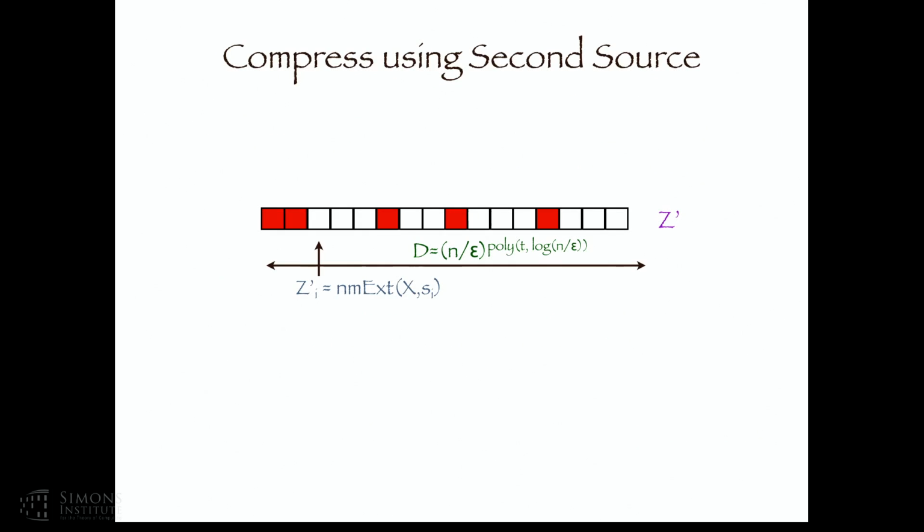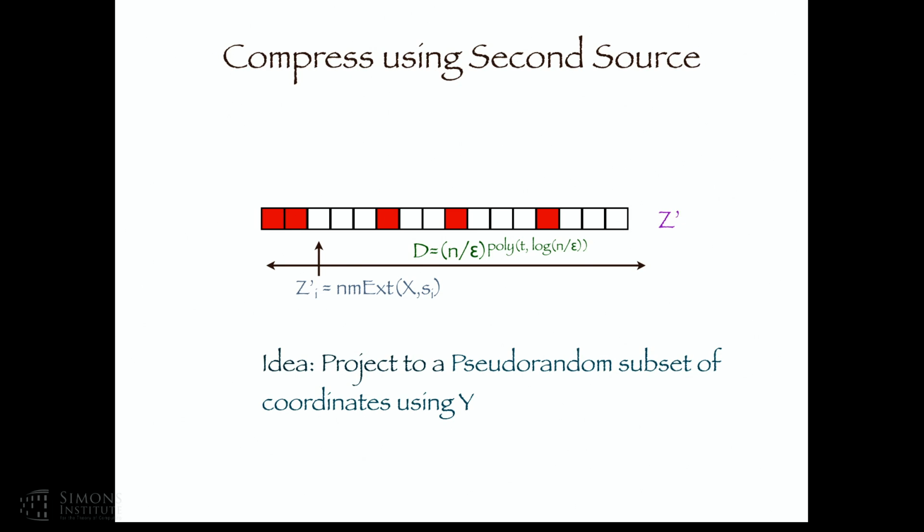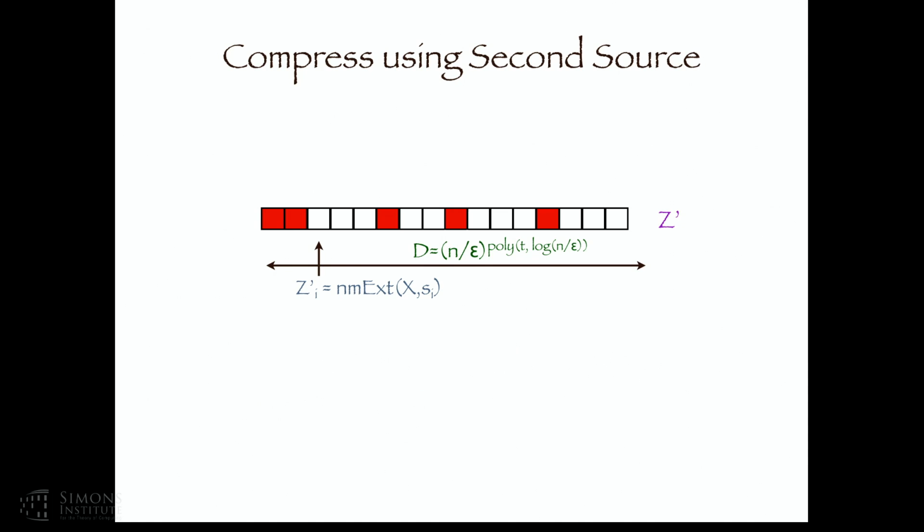Good. So the idea is now to use the second source to compress the string. And the way to compress it is to project it to a pseudorandom set of coordinates. This by now is standard in the extractor literature: use a sampler. Unfortunately, we just have another weak source y, which we haven't used so far.